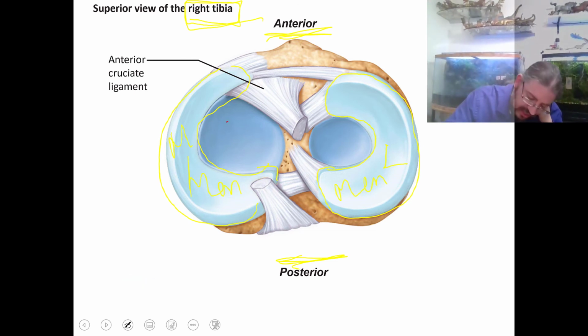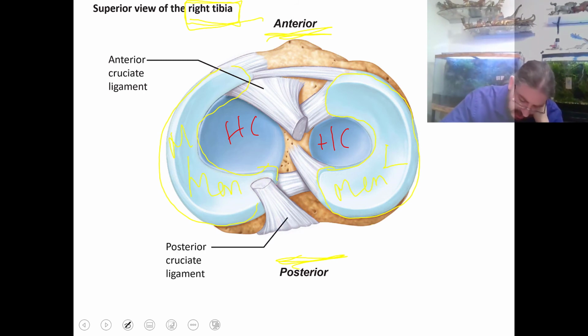And then this is our hyaline cartilage associated with the tibial surface there. So not too bad. We have our posterior cruciate ligament and our anterior cruciate ligament, just more important ligaments for holding this whole joint together.